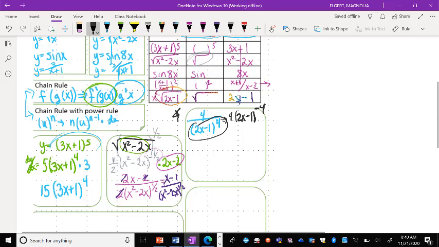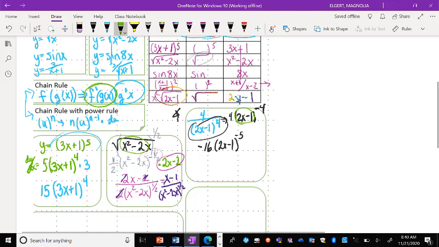So now I'm going to do the power rule and the chain rule. I'm going to start with the outside power, so it's negative 4. I'm going to take negative 4 times this 4, which is going to give me negative 16 times 2x minus 1. And then my power rule says that I subtract 1, so negative 4 minus 1 is negative 5. And then I need to take the derivative of the inside right here.